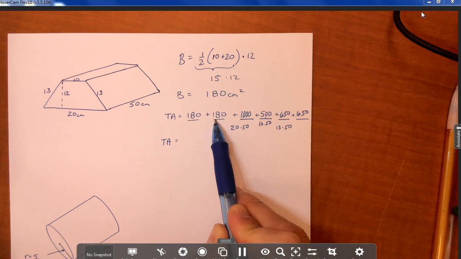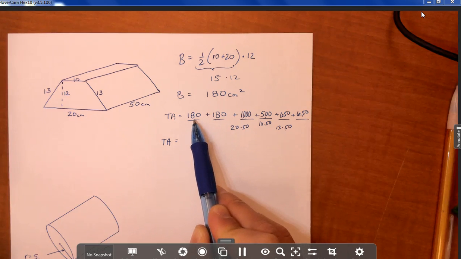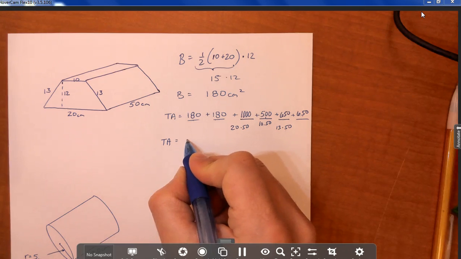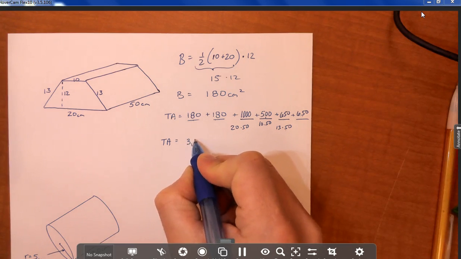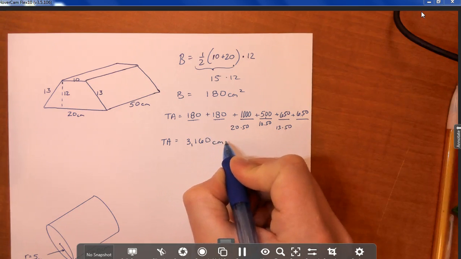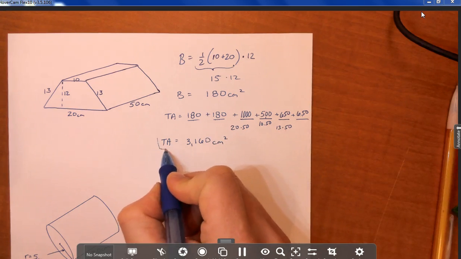So 2,800 plus 180 is going to get us almost to 3,000. We'll just be 20 shy, right? So 2,980, and then add in the last 180. So we're going to be at 3,160 centimeters squared. That's a lot of squares.